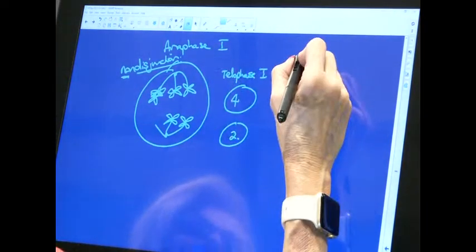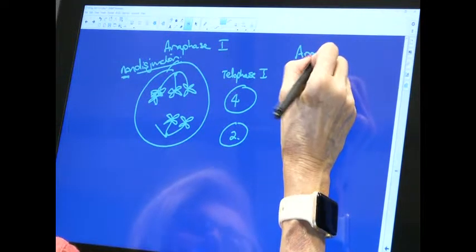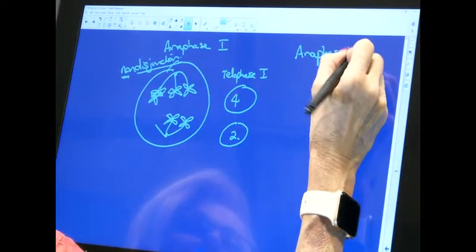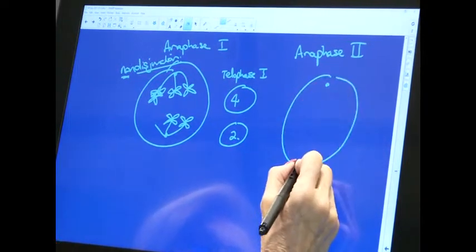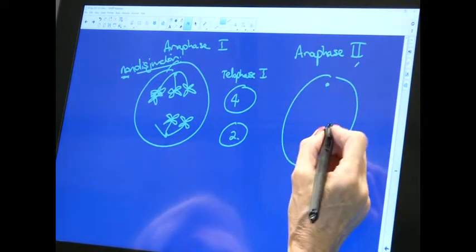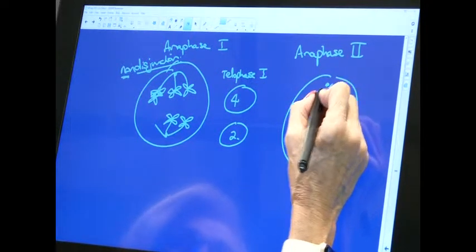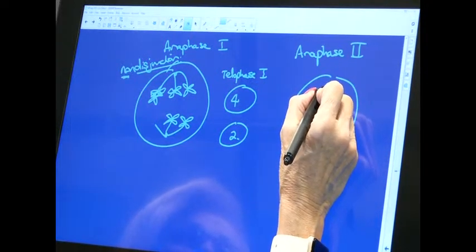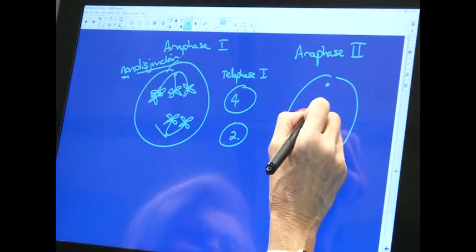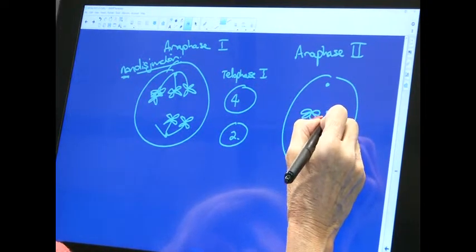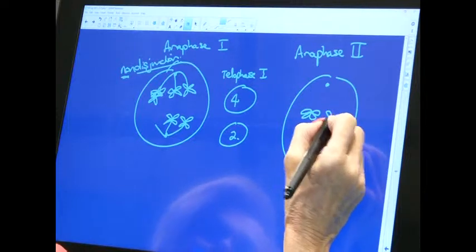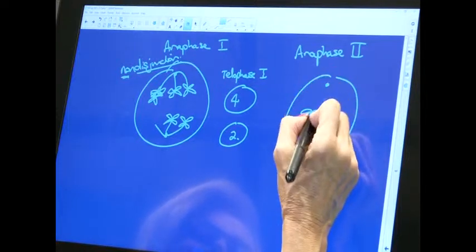If it occurs in anaphase 2, okay, so remember this is happening in 2 different cells, the same thing. So I'm going to have my single set of chromosomes here at the equator, all right, and now they get pulled up.